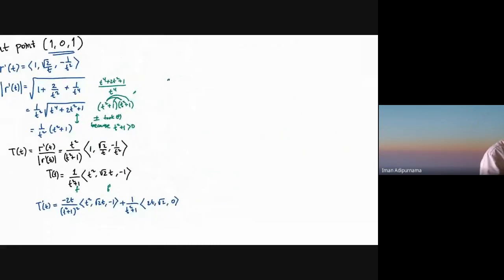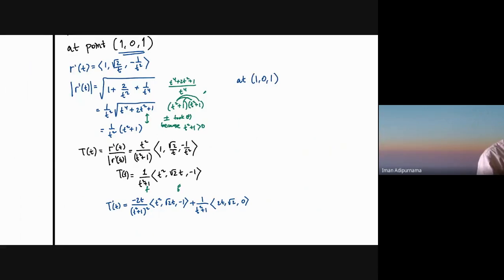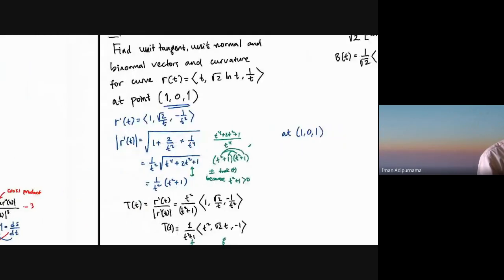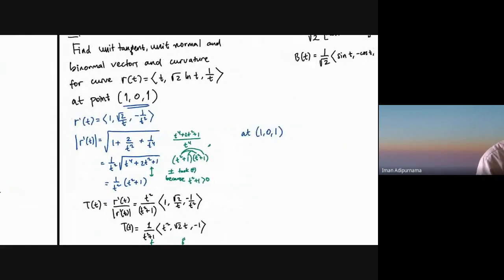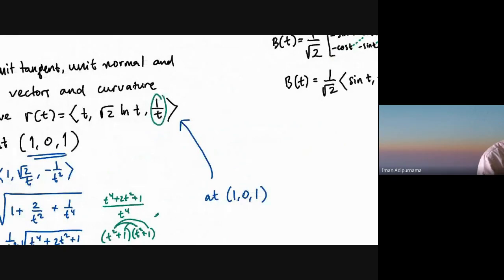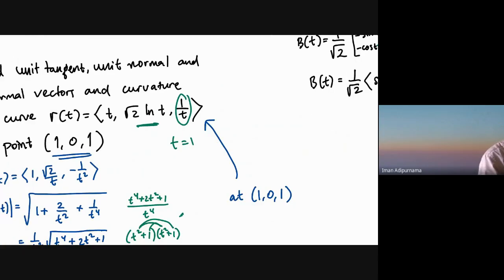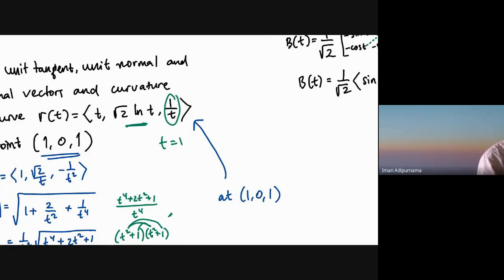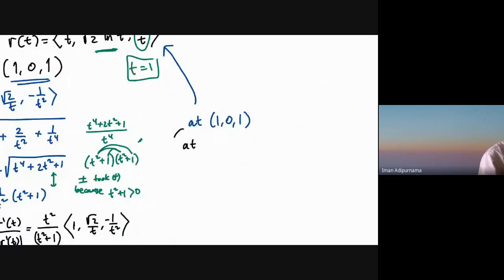So let's check the r. If we check this 1 over t, t should be 1, right? If t is 1, check the other one, this should be 0. It's correct. And the other one is 1. So t equals 1.